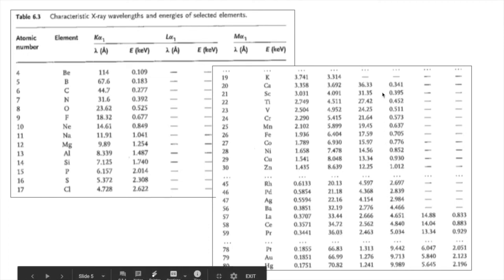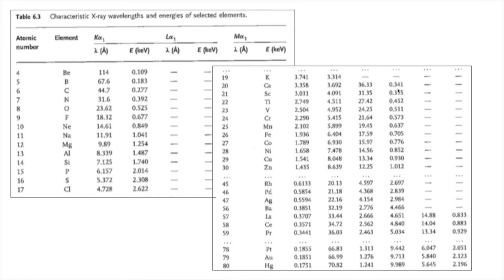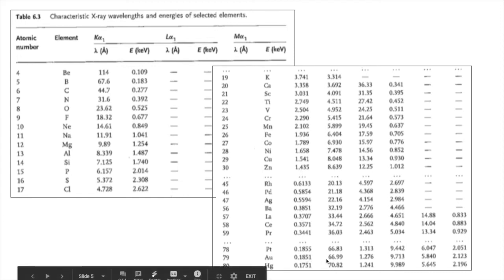Same thing with the L shell. We see that those energies also increase. So basically, the K lines that we see tend to be missing in the heavier elements. If we look down here, something like platinum has an energy value of 66 because its number is so high.